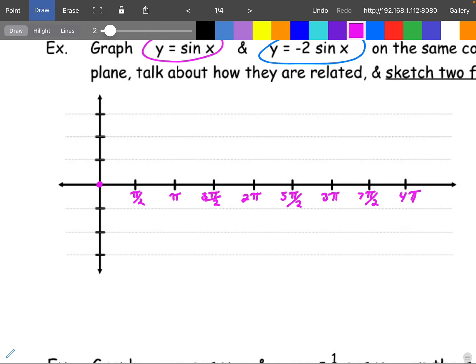So for sine, for the first period, we said it started at 0. Let's see, we'll do this. 1, 2, 3, -1, -2, -3. All right, started at 0. Then at pi over 2, it was 1. Then at pi, it was 0. At 3 pi over 2, it was -1. And then at 2 pi, it went back to 0. So that's the end of one full period. Now I need to continue my pattern.